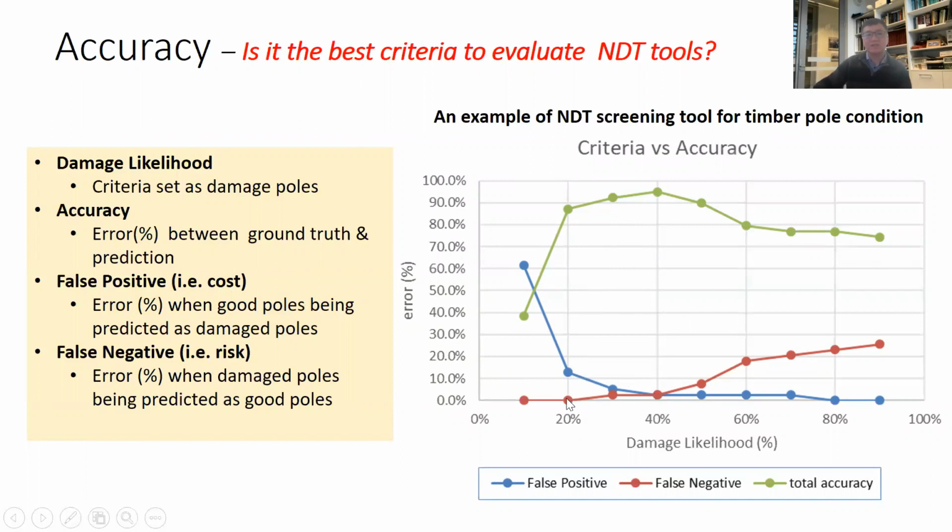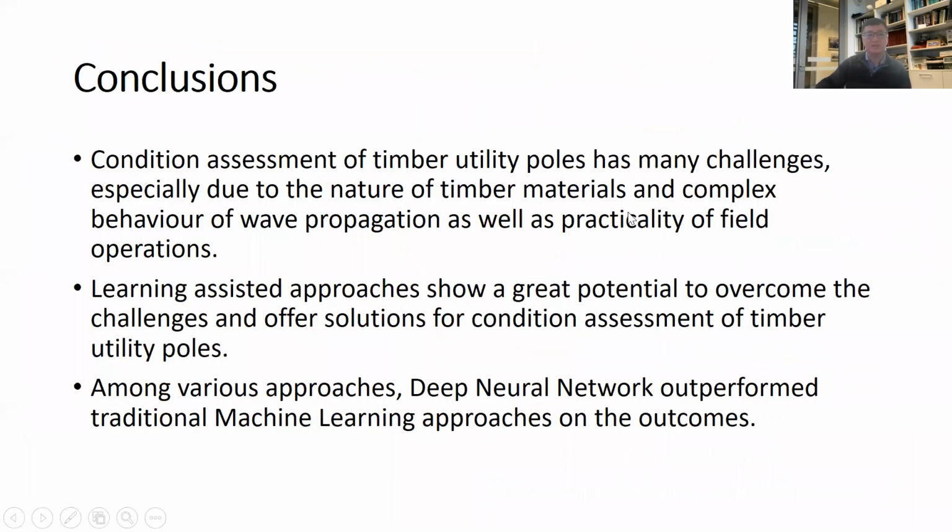Industry may want no false negatives, no risk, and then they will have some cost from false positives, resulting in 89% accuracy rather than 93% accuracy. So with this graph and our work, industry can choose which one they want for their asset management. All right, I've run out of my time.